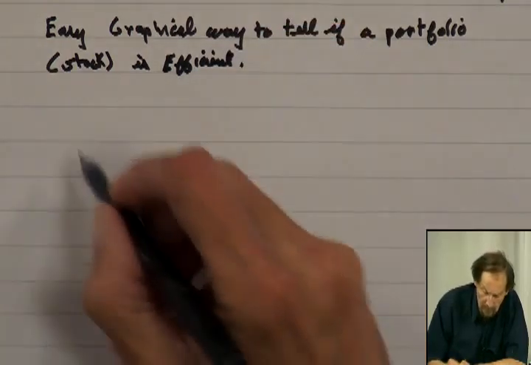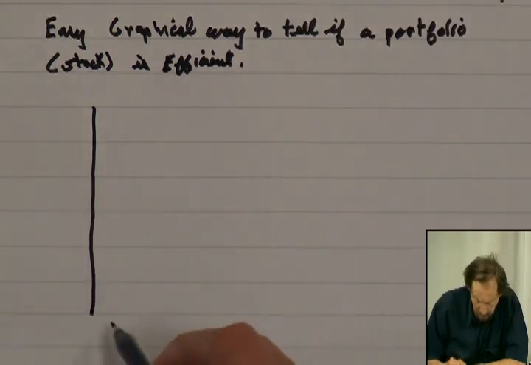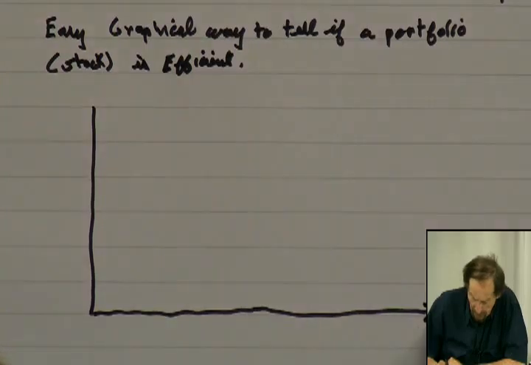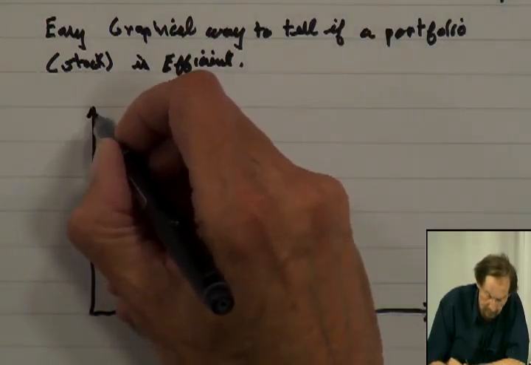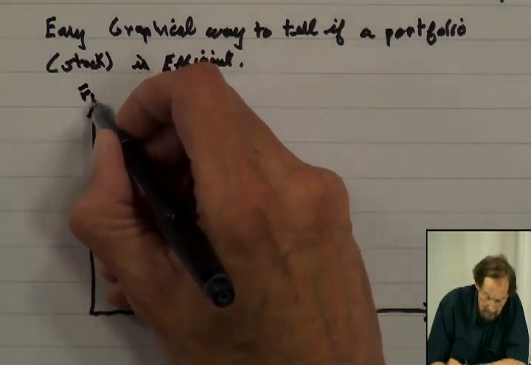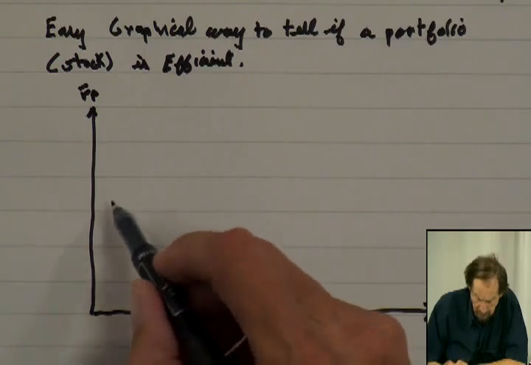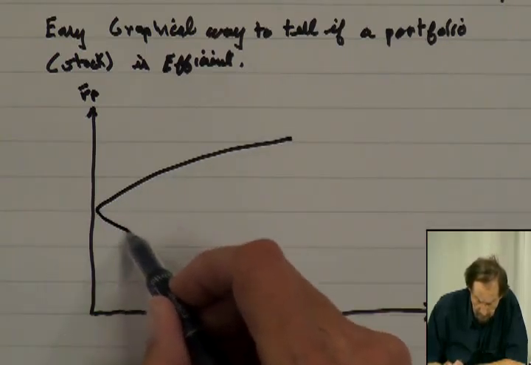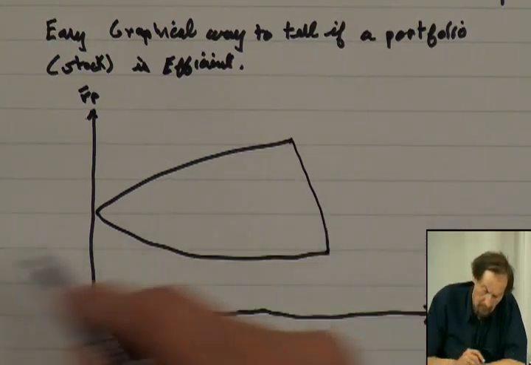Okay. Let's draw our situation again. We have sigma P, R bar P. Okay, good.